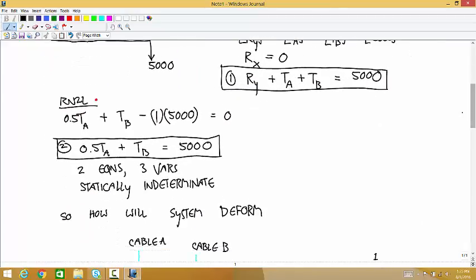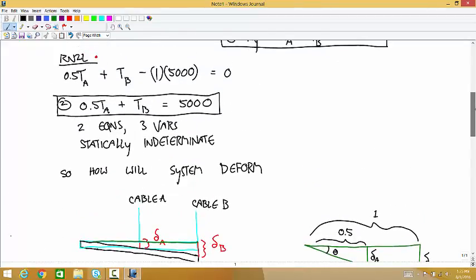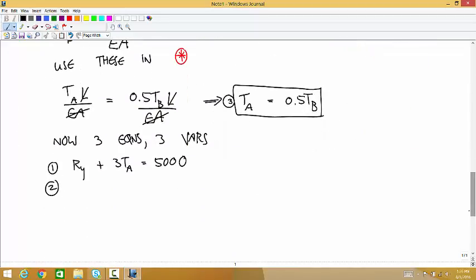So our new system is RY plus, you can write it as 3TA is equal to 5,000. And our second one, if you make that substitution, so we have 0.25. Oh, we want to use TA.